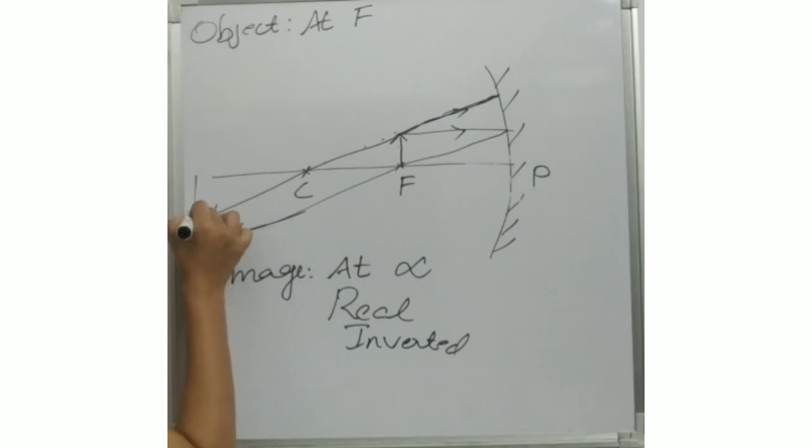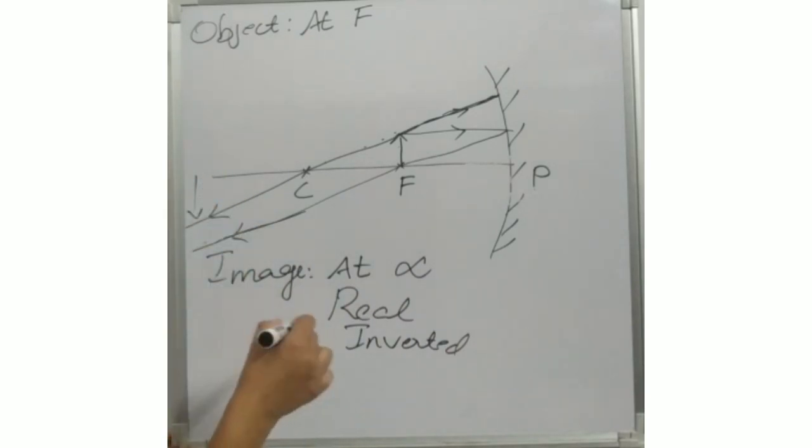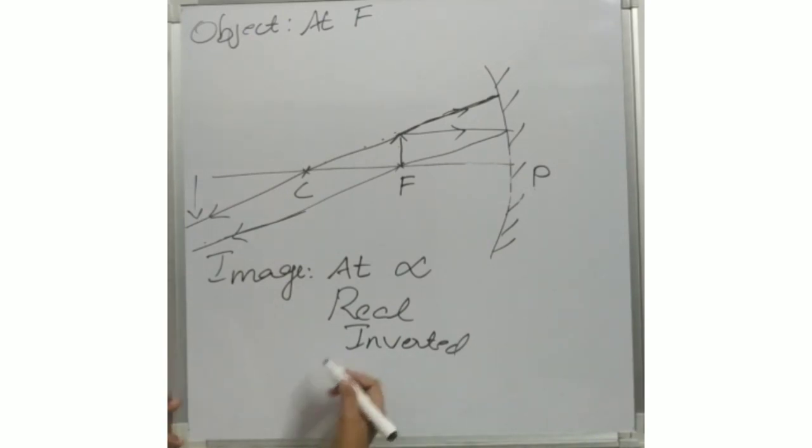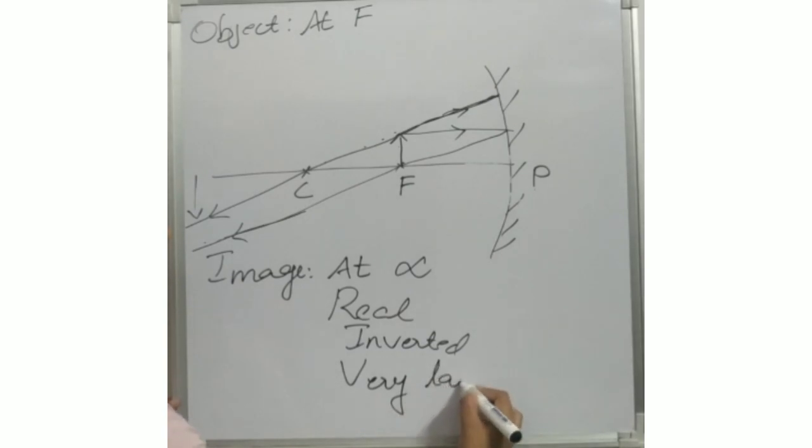It may form like this, so it is inverted, real, at infinity, and also very large in size. So these are the peculiarities of the image when the object is placed at F.